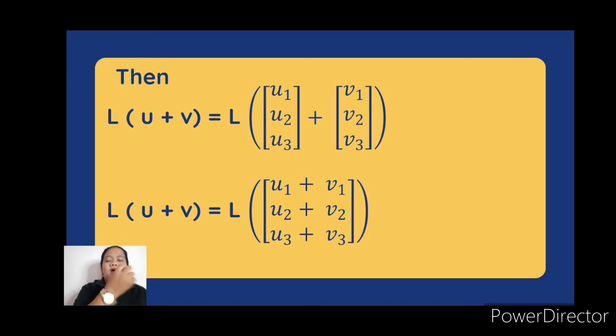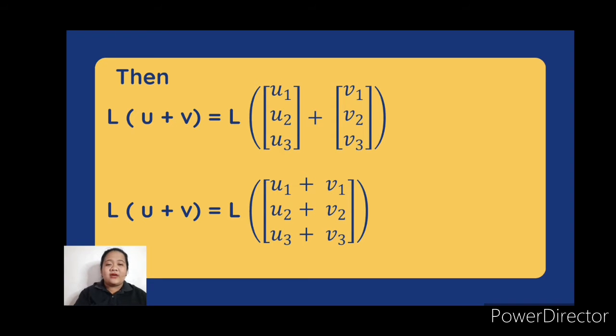We will use the first property, which is matrix addition. So L(u + v) = L((u1, u2, u3) + (v1, v2, v3)). Since it is matrix addition, we add the elements of matrix u and the elements of matrix v.